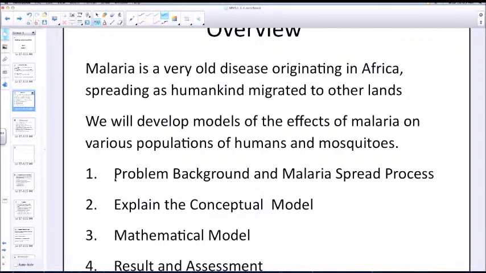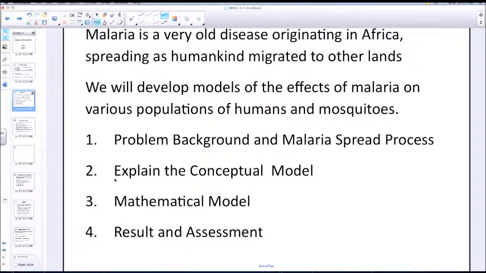So in this model, we're not only going to talk about human beings, but we also look at the population of the mosquito agent. We talk a little bit about the background and the process of how the disease is spread, and then we explain the conceptual model to look at the real connections. And then we build the mathematical model and validate our model.